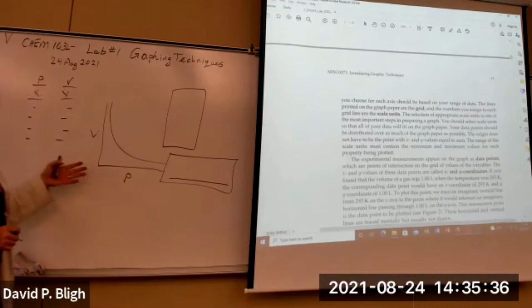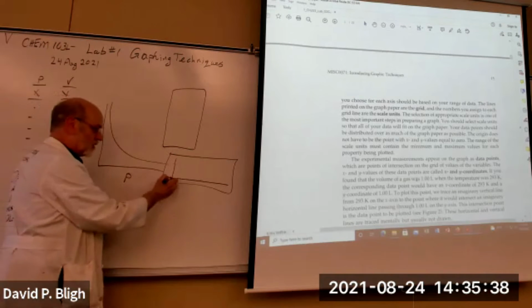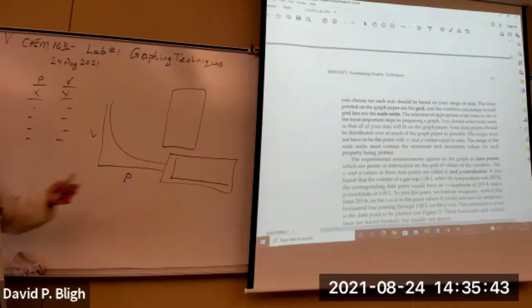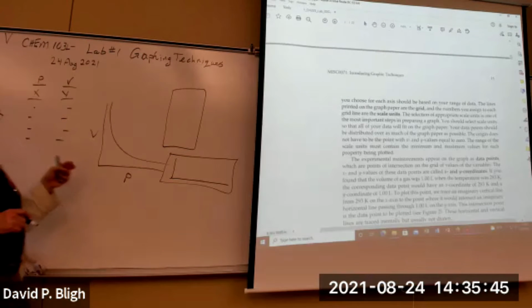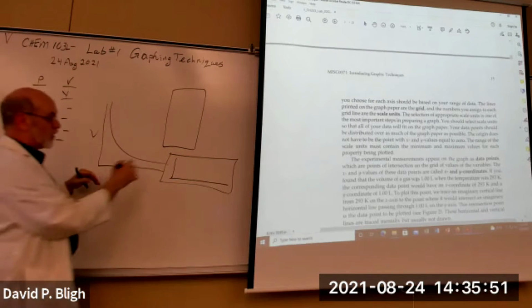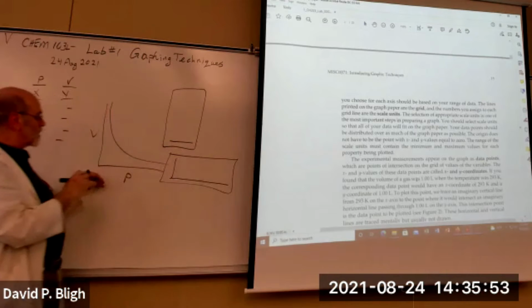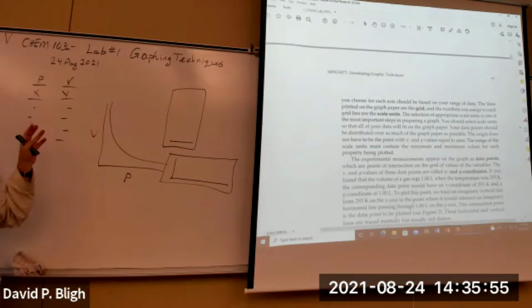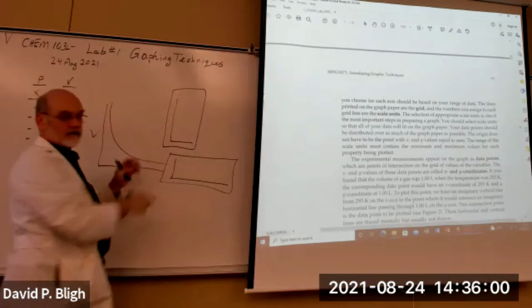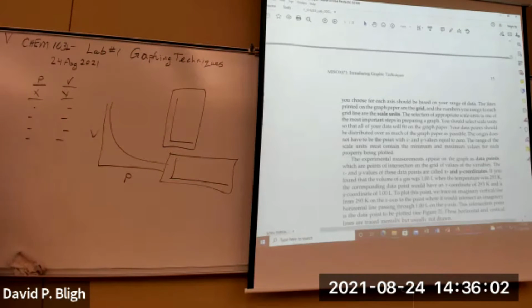And if the response is a narrower range, landscape would work better. But if the X variable is a small variation, from smallest to largest, then you may want to put that one here, and you get a huge change in your Y value, then the portrait might work better.